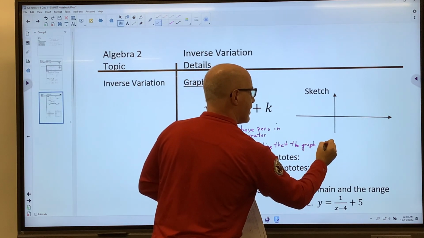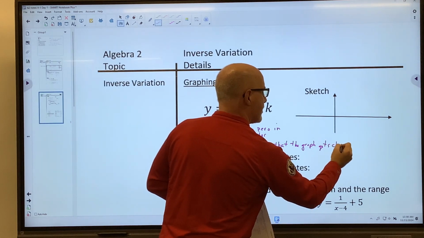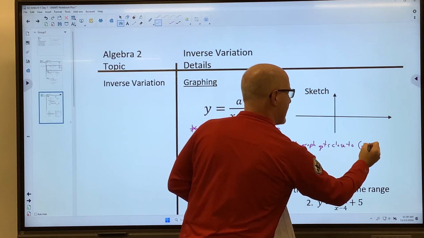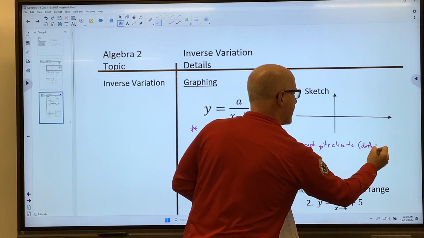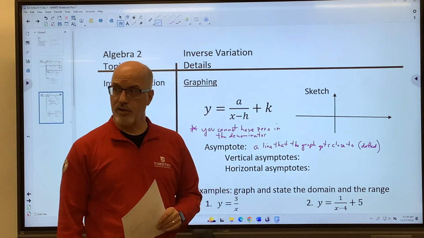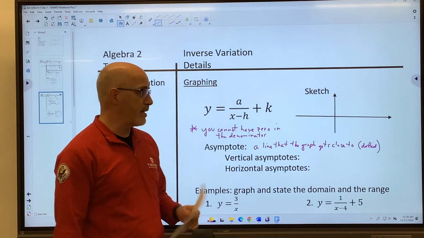And I'm going to put in parentheses, we're going to make it a dotted line. So there's going to be vertical and horizontal asymptotes for this.